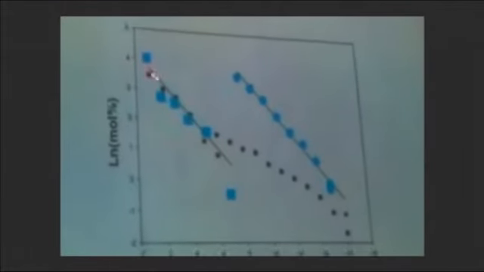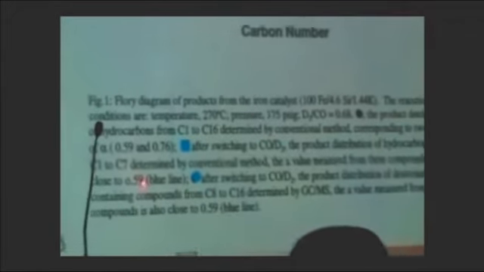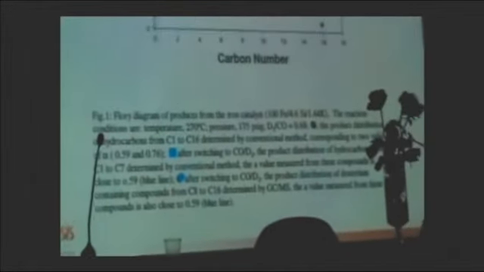The dark circles are the data that we get based on GC analysis for all hydrocarbons that we collect. But if we just concentrate on the deuterated compounds, the alpha value that we get is 0.9 for the light material, it's 0.9 for the heavier materials.